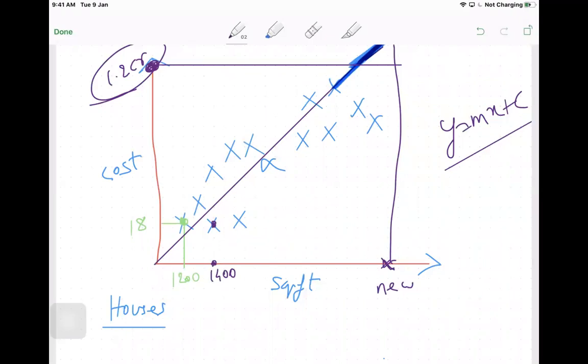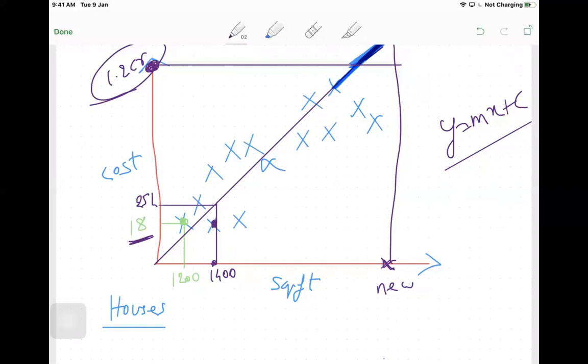But what is the predicted cost? It is the corresponding y here, which is around, let's say, 25 lakhs. But the actual is not 25 lakhs, it is somewhere close to 18 lakhs.